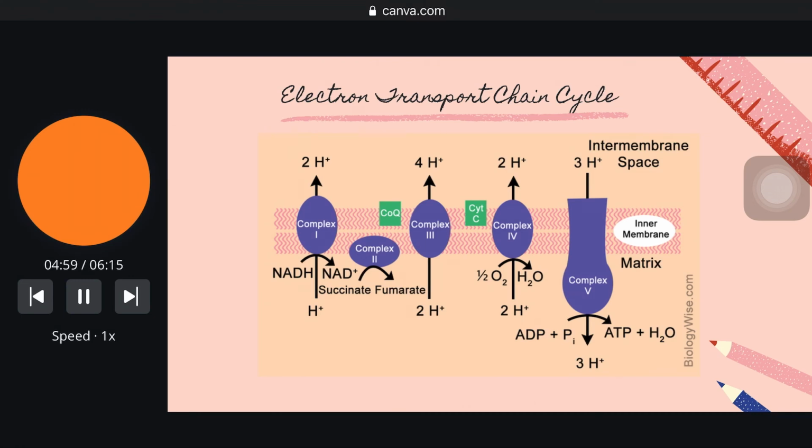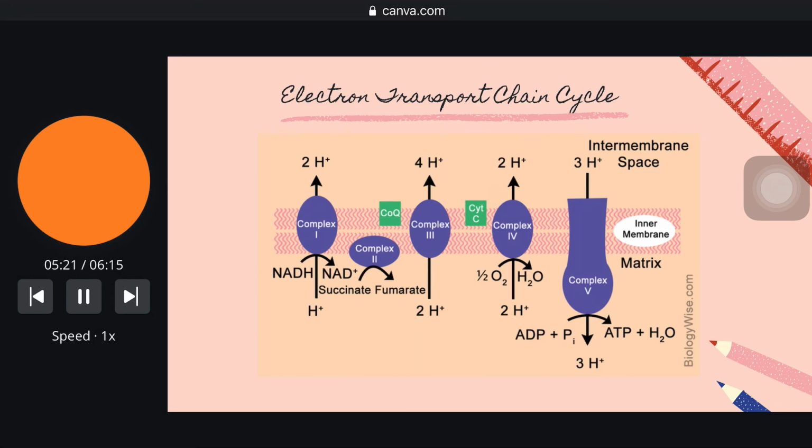The many protons that this process pumps into the intermembrane space create an imbalance in hydrogen ion concentration that the cell does not like. All cells prefer homeostasis, so to help relieve this imbalance, ATP synthase protein is embedded in the membrane.